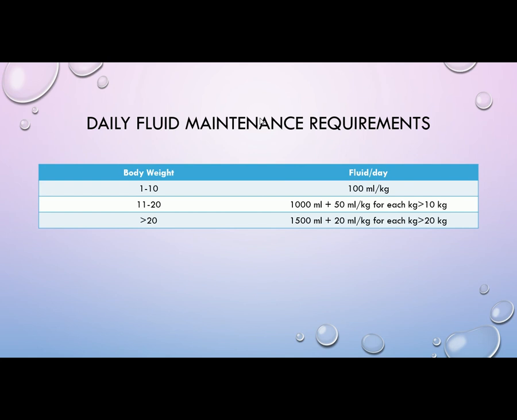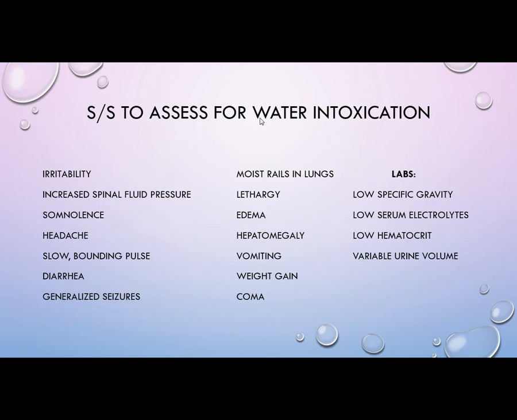Now let's talk about some signs and symptoms to assess for water intoxication. You're going to see irritability in the children, moist rales in the lungs, increased spinal fluid pressure, and I have the whole list here. I'm not going to sit here and read it to you.